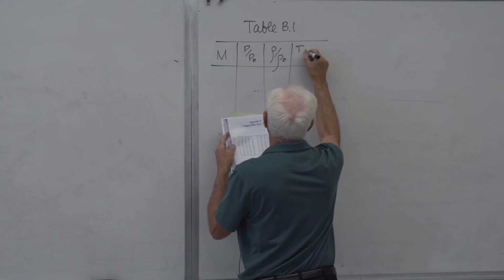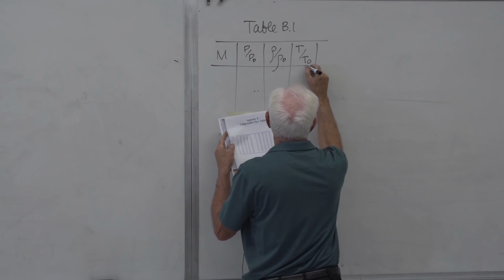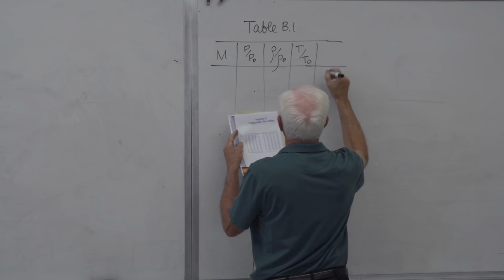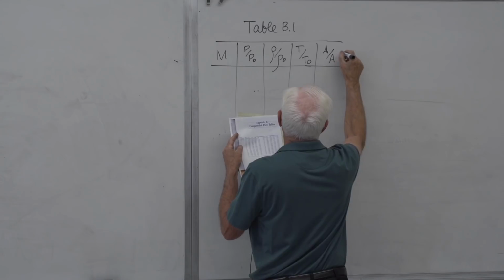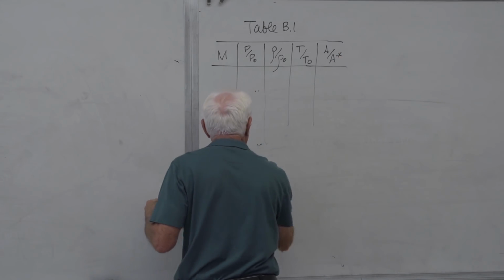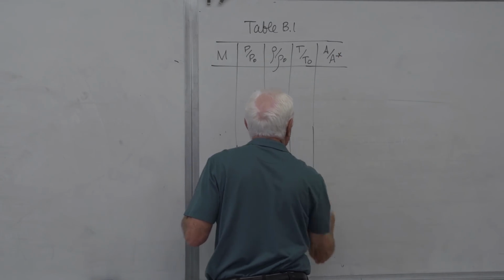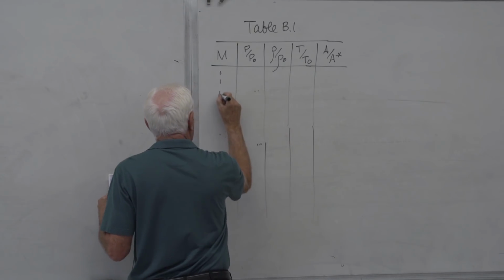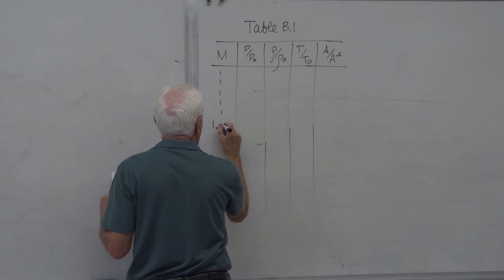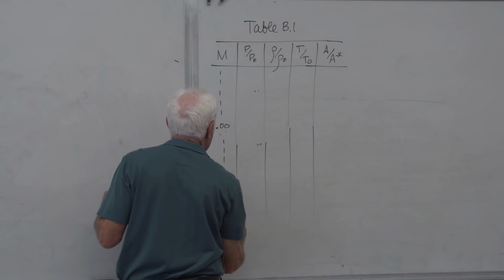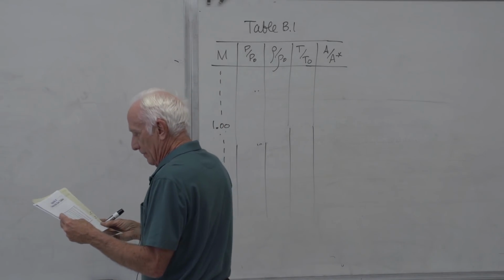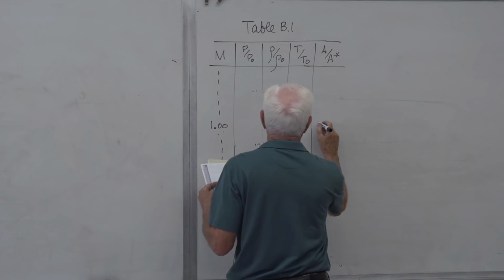T over T naught. A over A star. Okay, go down here. Mach number there. A over A star is 1.